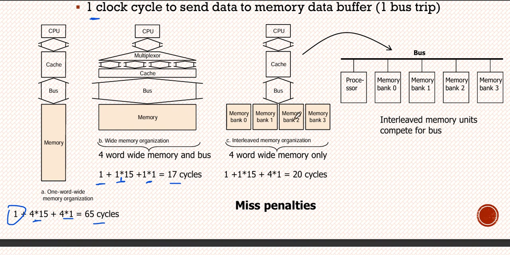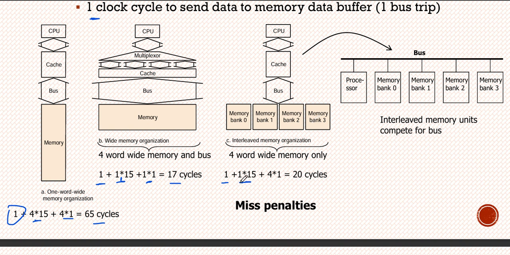Now, this is another organization, and this organization says that we will segment the memory into banks, right? So different banks of memory. We will not put the memory all together at once, right? Now, the advantage of this one over the very first one is that you need 1 clock cycle to send the addresses to memory, right? Now, because the memories are separate, you can read all four at once, right?